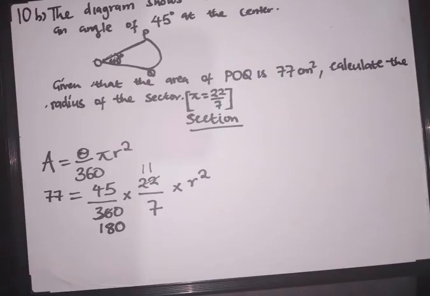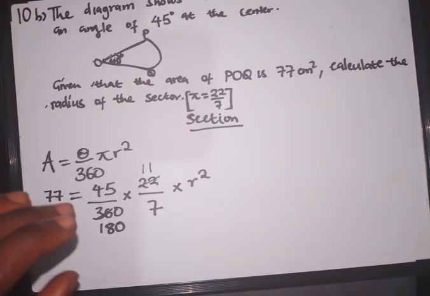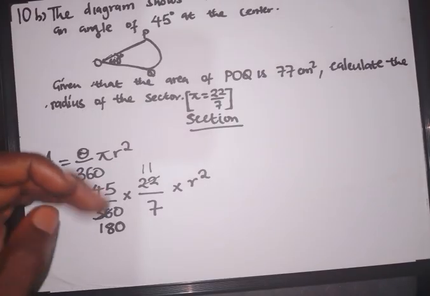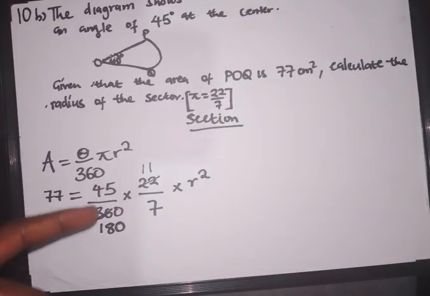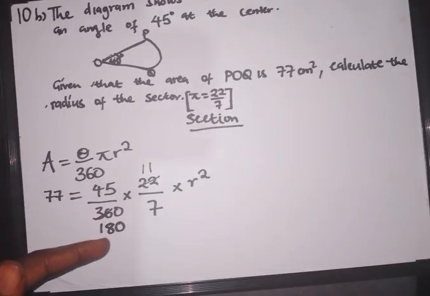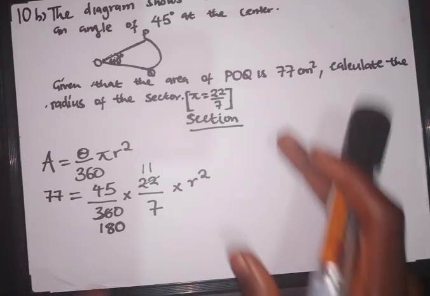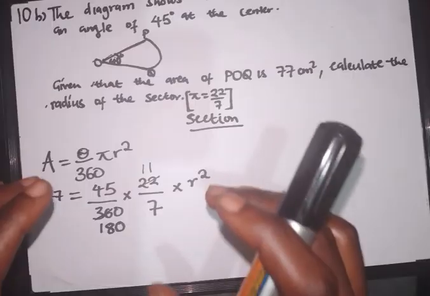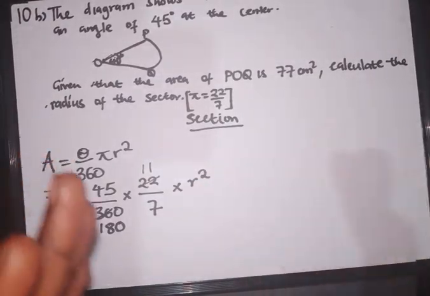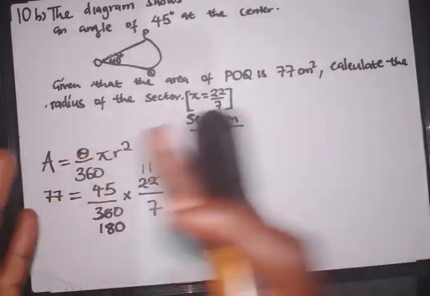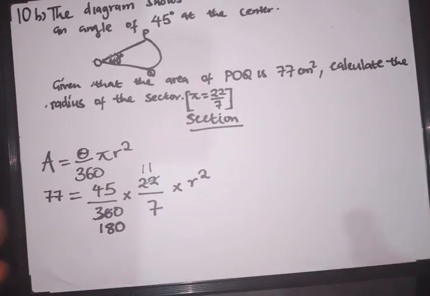Then next you say, 5 can go into 45 and also into 180. So here again you can simplify. In math paper 1, don't multiply, you have to be simplifying the numbers.